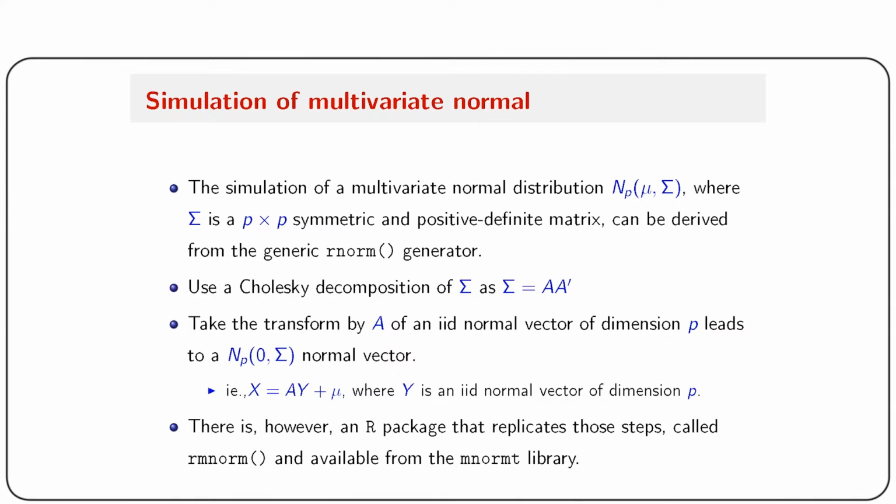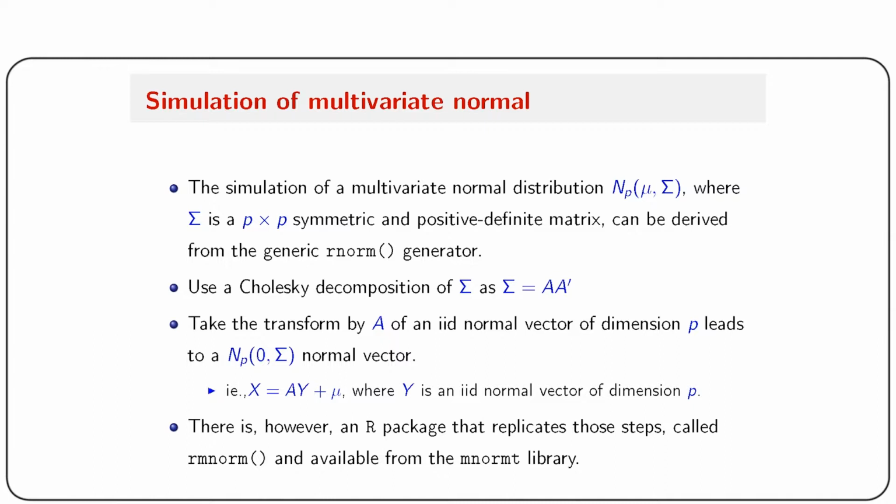Now we'll see another case study of multivariate normal simulation based on the univariate rnorm function. First we'll see the basic concept. The simulation of a multivariate normal distribution, say normal P(mu, sigma), where sigma is a P by P symmetric and positive definite matrix, can be derived from the generic rnorm generator.